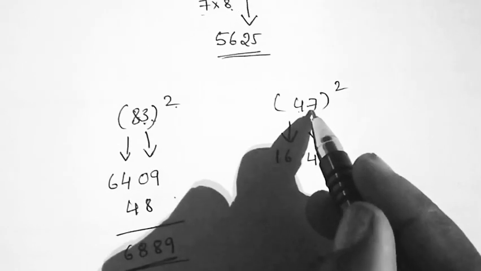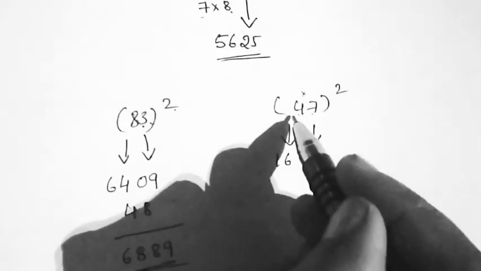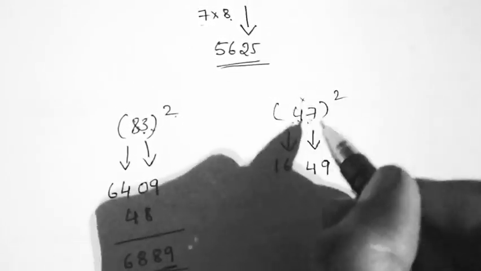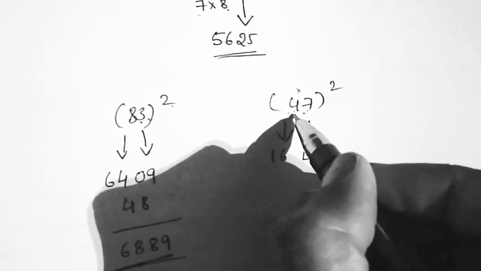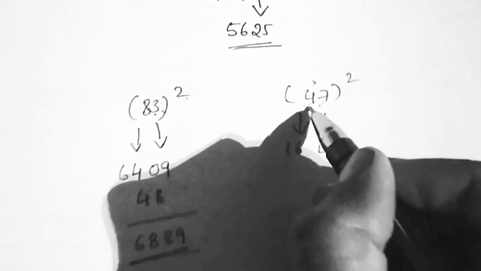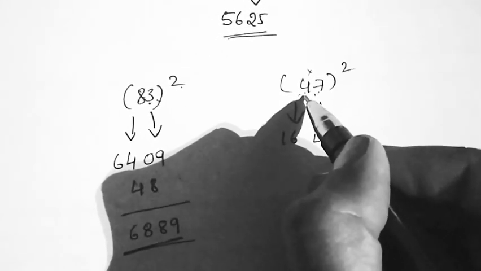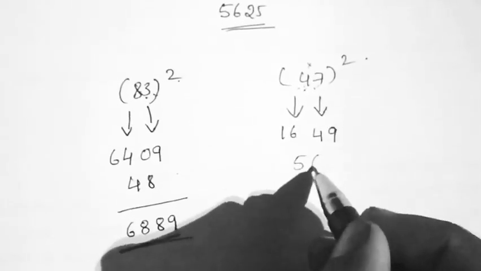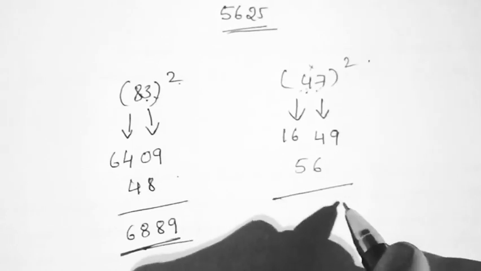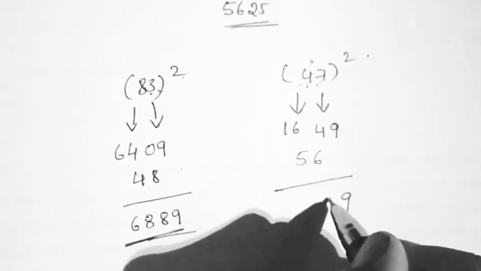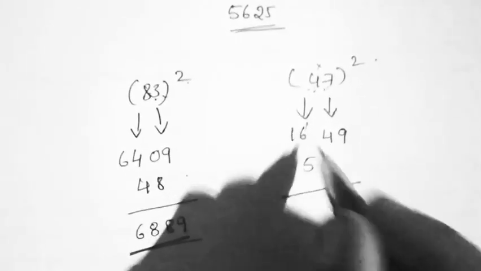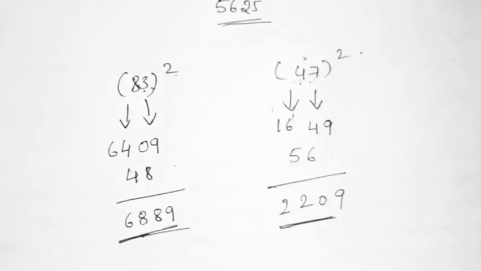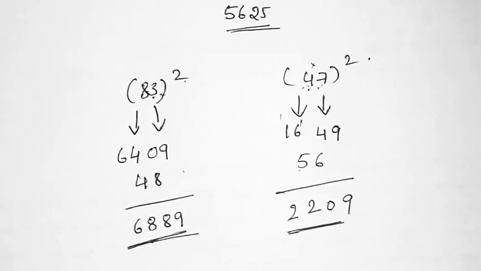Then 4 sevens are 28, which you have to multiply in between, 28 into 2, it is 56. So how much? 9, then 10, the 1 will move here; 12, and the 1 will move here. It is 2209.